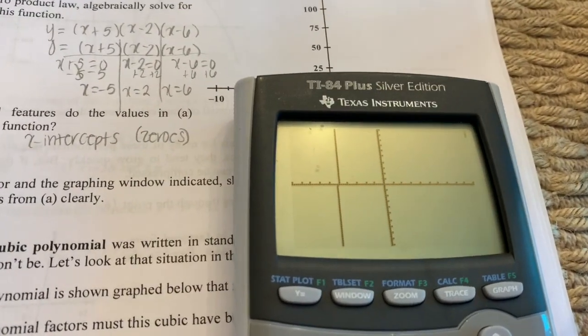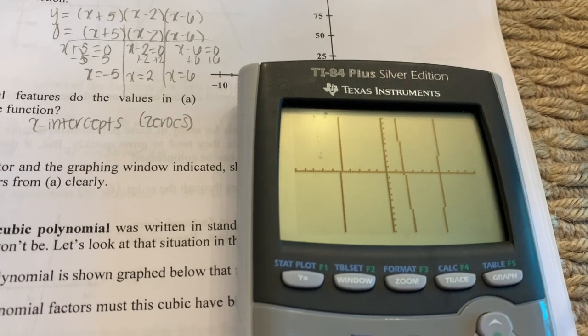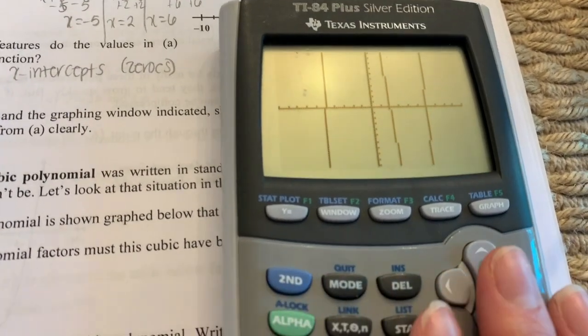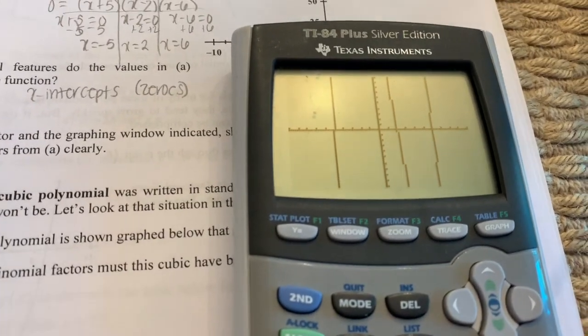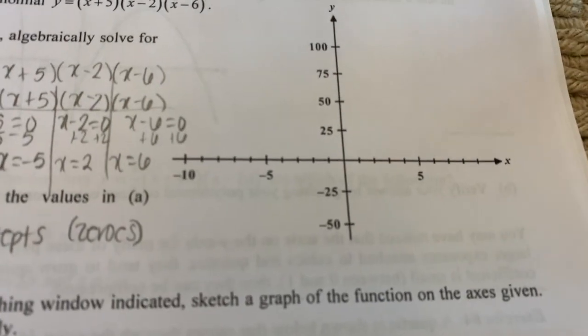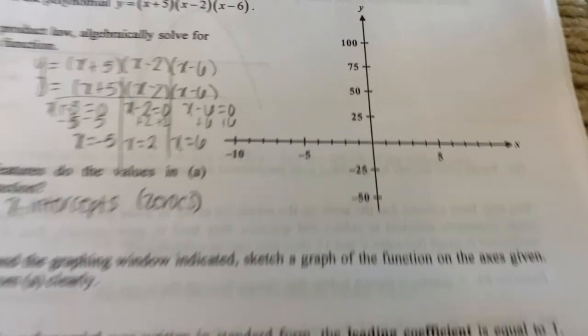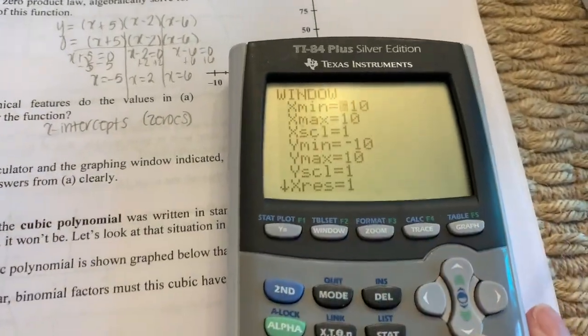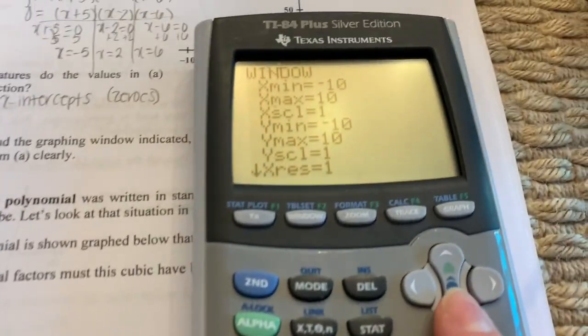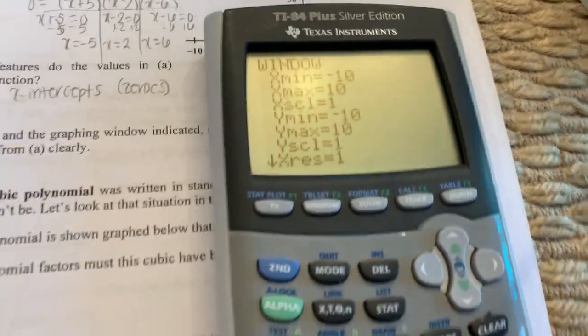Okay, and if that still doesn't work, I'm going to have to zoom out. Something that I want you guys to notice is that when this type of thing happens, what you want to do is look at your scale on the graph if there is one. It looks like I'm going to have to change my y min and my y max. So my y max is all the way up at 100. So let's change that to 100.